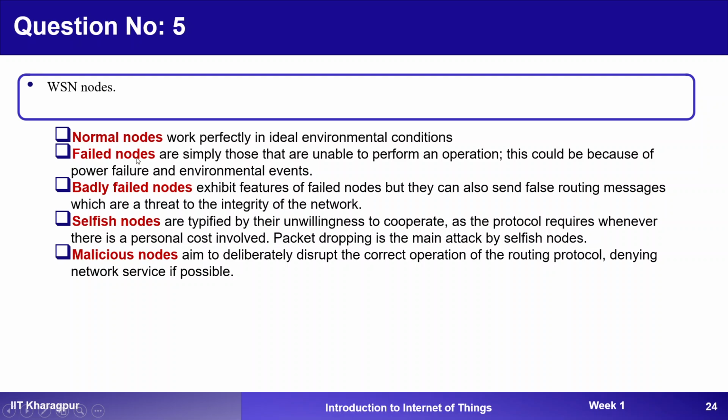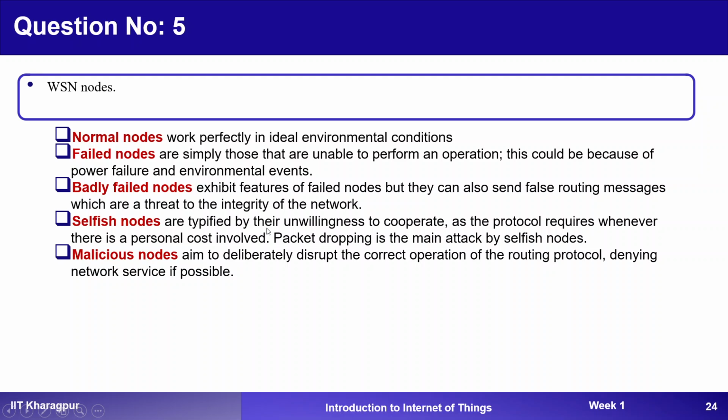Failed nodes are the nodes which are unable to perform the particular operation they are used to perform. This might be possible due to power failure or environment conditions, anything. The second type is the badly failed node.